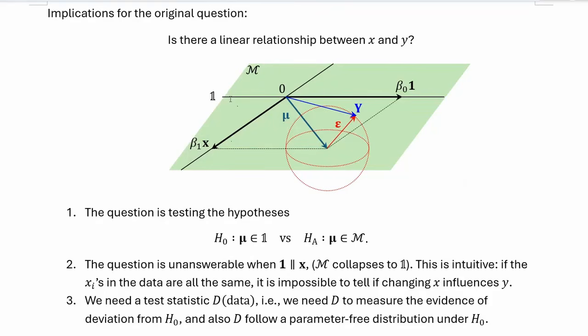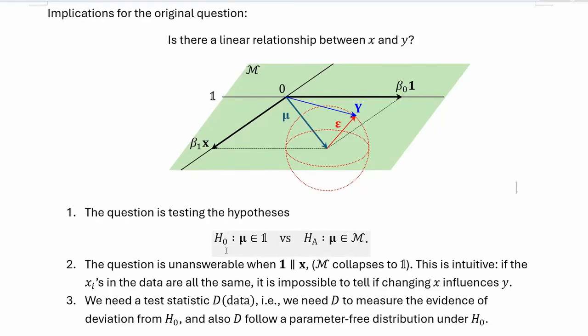So 1 is not only a subspace of the whole R3, it is also a subspace of M. So now the question reduces to testing the hypothesis H0, the null hypothesis, that says mu lies in the subspace 1, versus the alternative hypothesis HA, that says mu indeed lies in the full subspace M. So the original model says that mu lies in the 2-dimensional subspace.